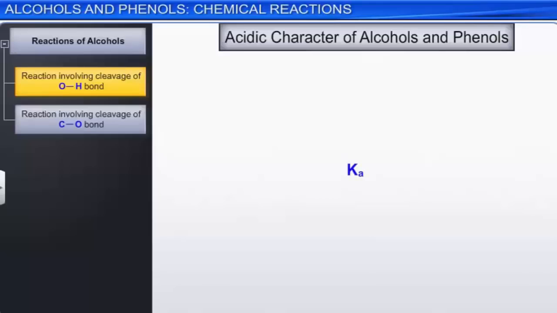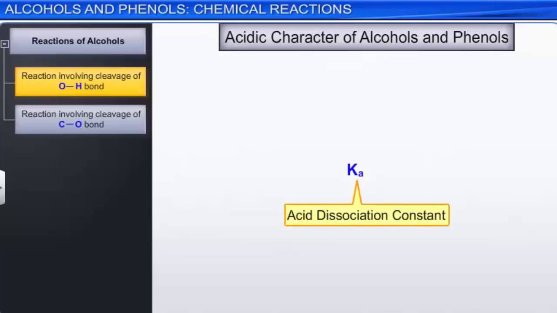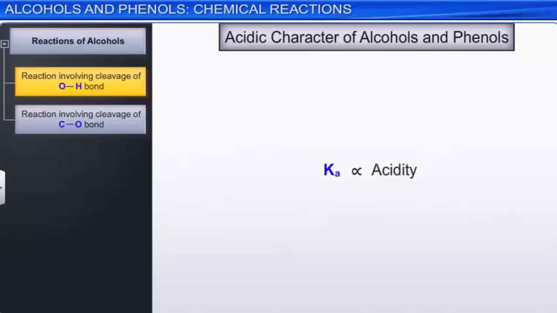We can also discuss acid strength by comparing acid dissociation constants, or Ka. Strong acids have large acid dissociation constants. pKa values are also used to compare acid strengths.